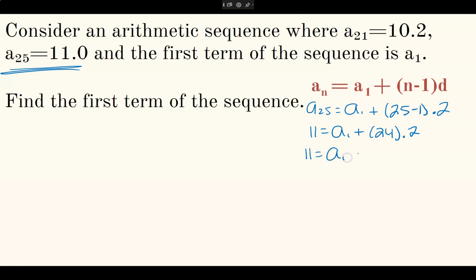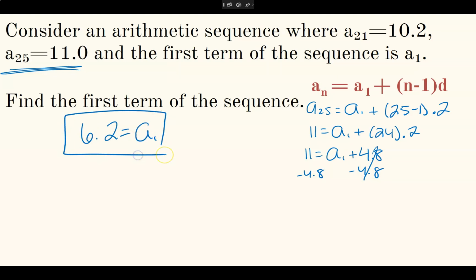Come on, kids. 24 times 0.2. 4.8. And what's my final step in figuring out my first term? Yeah, subtract my 4.8. And what's my first term going to be? 6.2 is going to be my first term, my a sub 1.